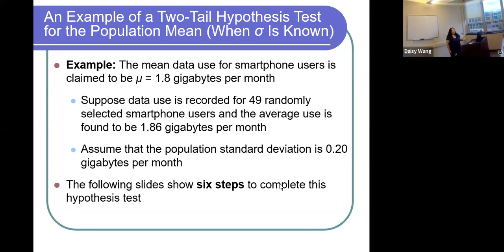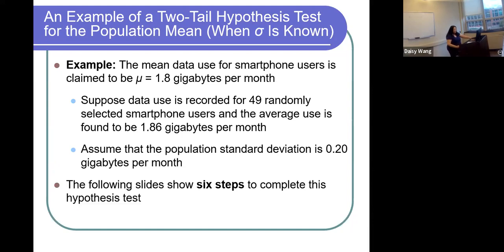Now, the data might explain that you believe that on average, the data use is 1.8 gigabytes. Then we select 47 and 49 samples and 1.86 average use. And the negation too.